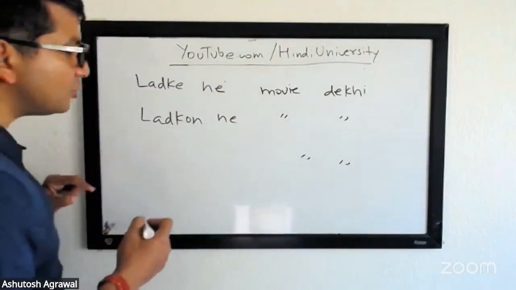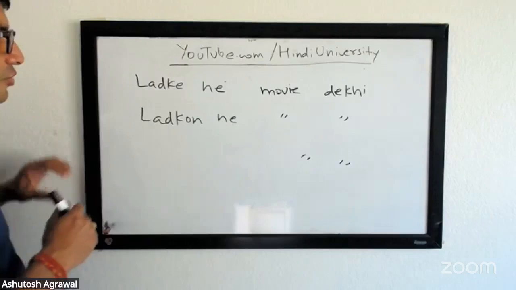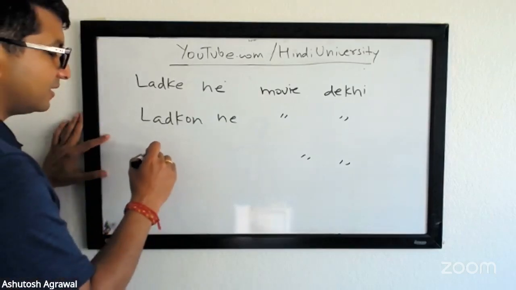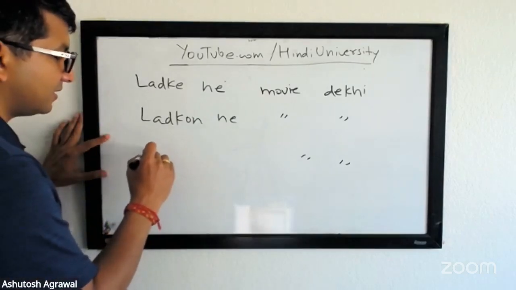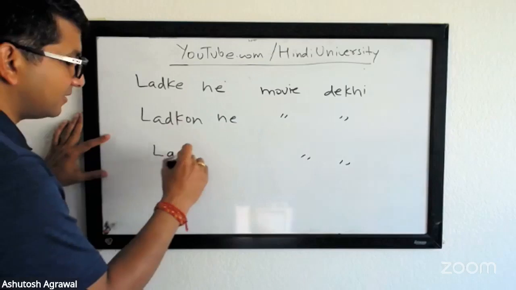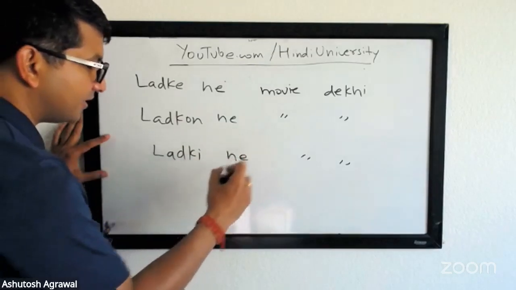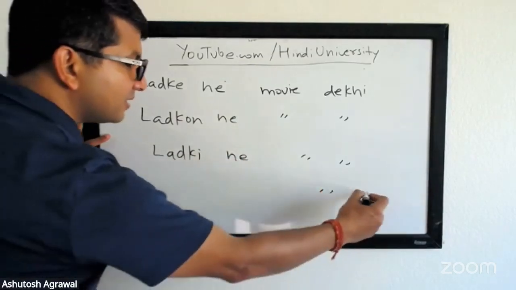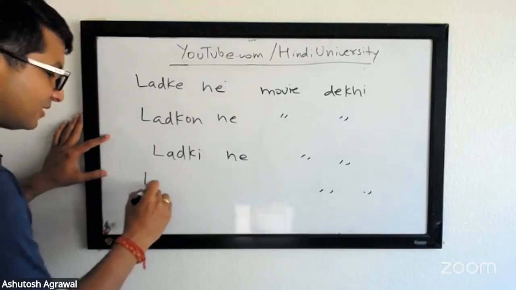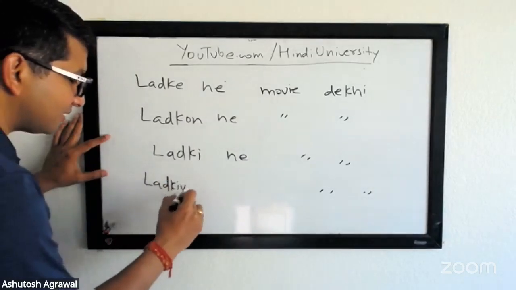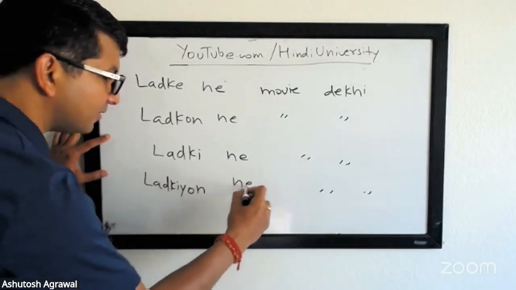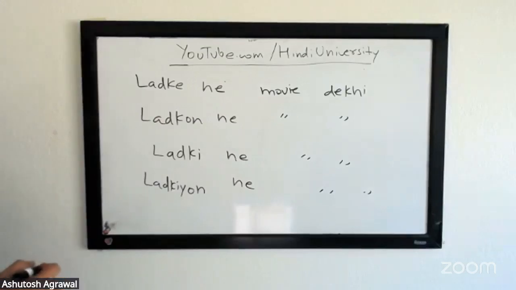And let's say Unaji, you want to say the girl watched a movie. So larki ne movie dekhi. If it is multiple girls, it would be ladkiyon ne. Very good. लड़कियों ने movie देखी.